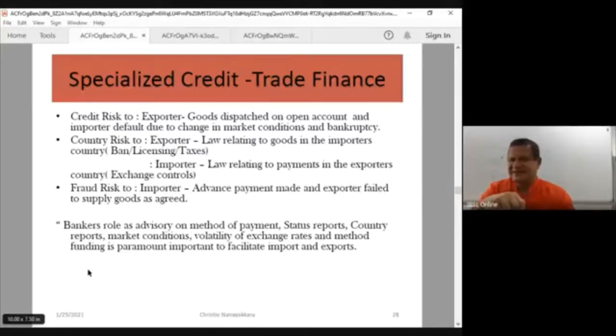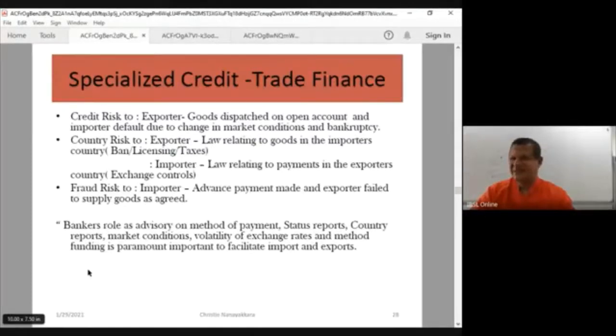You can get country reports, and from banks you can get market reports and exchange regulations in the country where your customer is going to trade. All that needs to be passed on to your client so that he will not face a situation where the money will not come. So the banker's role is more or less advisory as well as providing funding facilities to facilitate trade finance.